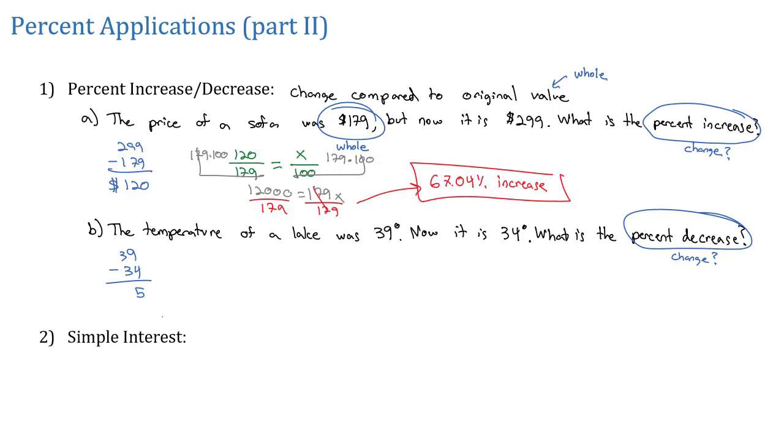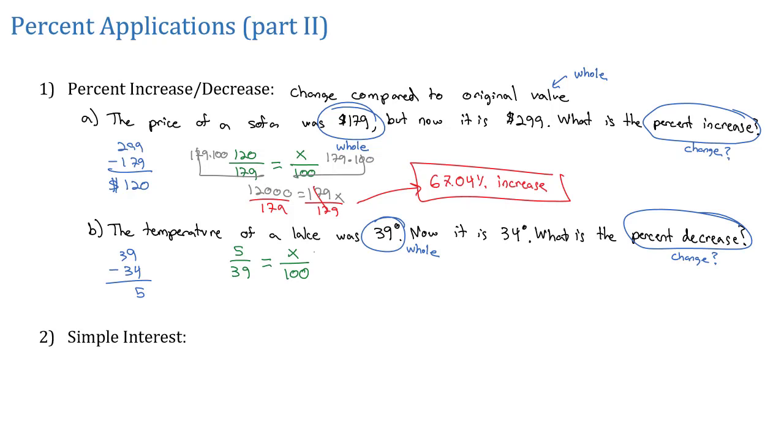We're going to compare that change of 5 degrees to the original value. The original value of the lake, it was 39 degrees. That is my whole. So I'll set up my part over the whole. The 5 over the 39 is equal to the percent I'm looking for out of 100.